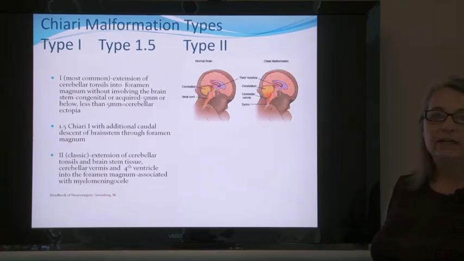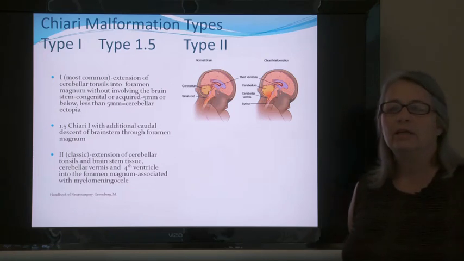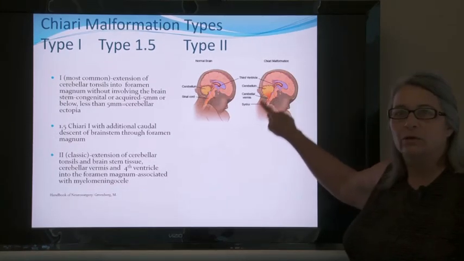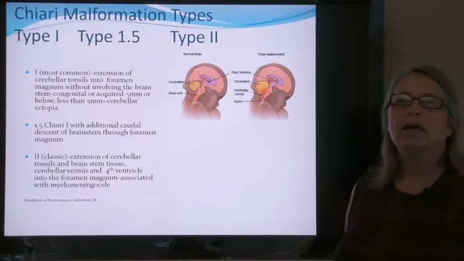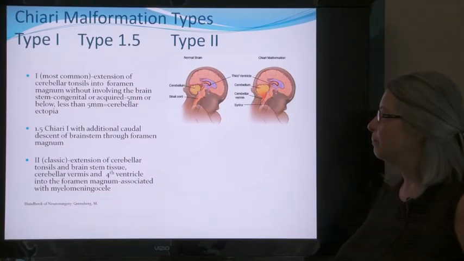Chiari 1.5 was first found or described in the mid-1990s, described in the literature, and this is the cerebellar herniation with also brainstem herniation down through the foramen magnum.